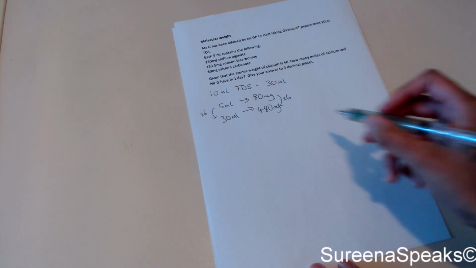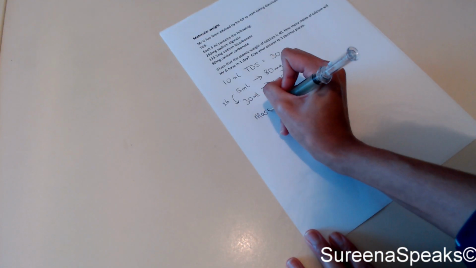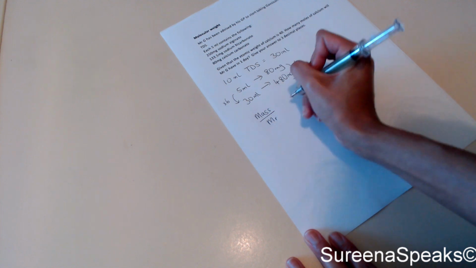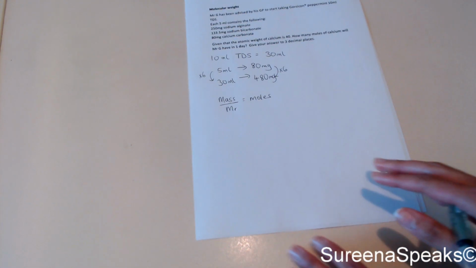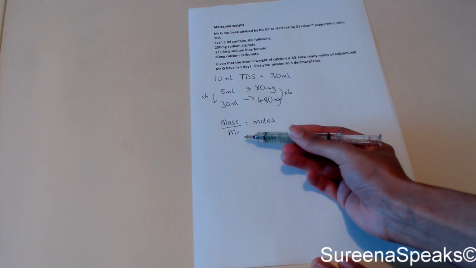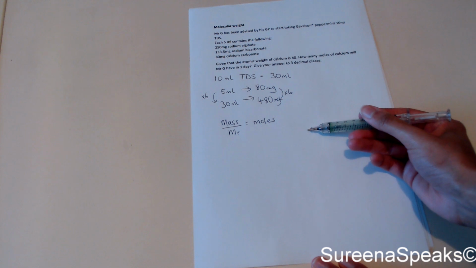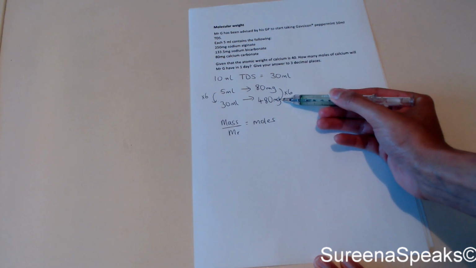Now, that's all well and good, but our question has asked us how many moles of calcium. So our mass divided by Mr is going to give us our moles. But hold up a second, moles is only with regards to grams. Millimoles is with regards to milligrams, and at the moment we've been working with milligrams.